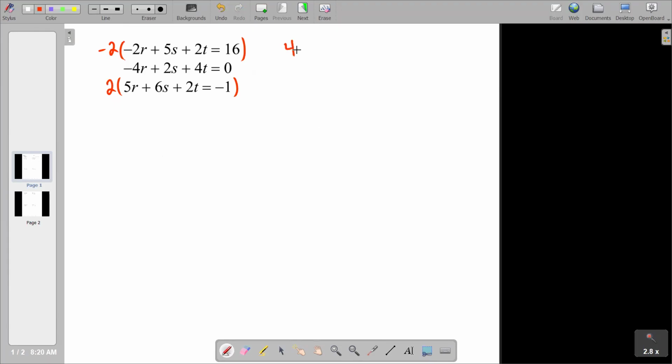So you got 4 of those r's minus 10 s's minus 4 t's equals negative 32. Middle, you just copied down. And then bottom, you got 10 r's plus 12 s's plus 4 t's. And that equals negative 2.